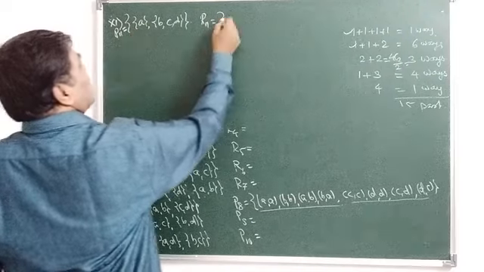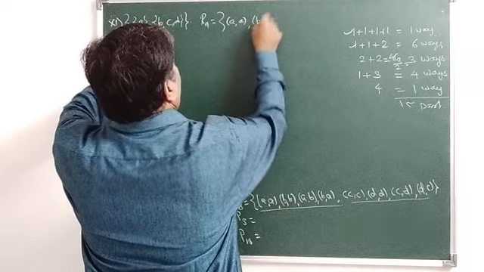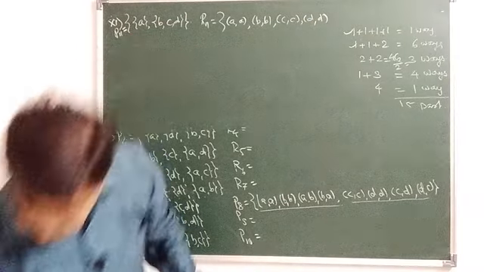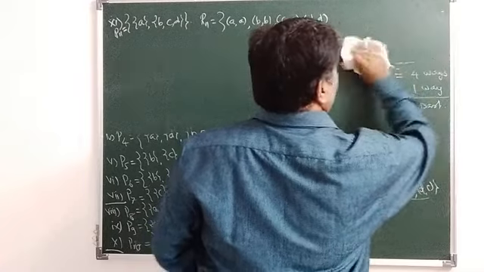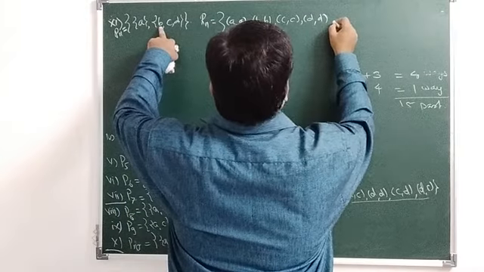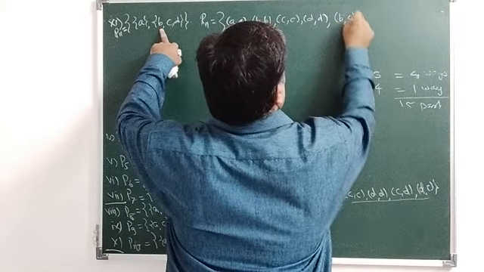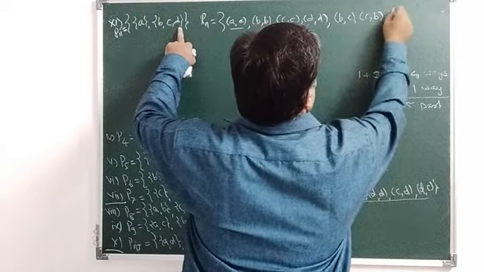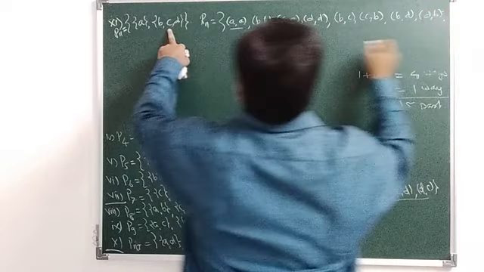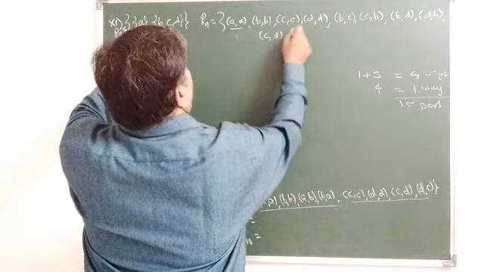I will get one pair AA, and for this we will get 9 pairs BB, CC, DD, and BC with its reverse pair CB, then BD with reverse pair DB, and then CD with its reverse pair DC.